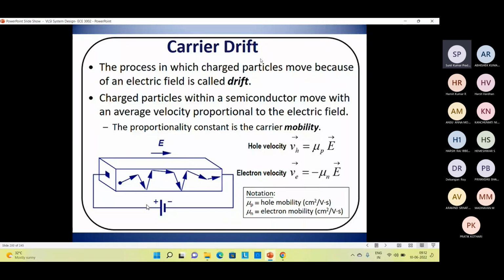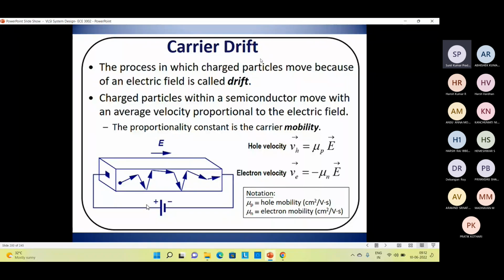Remember, the concept of drift velocity is associated with the electric field. Whenever there is a drift velocity of electron in semiconductor or MOS devices, you can be sure that the velocity is associated with the electric field. With the impact of the electric field, a velocity is attained by the electron, and that velocity is called drift velocity.